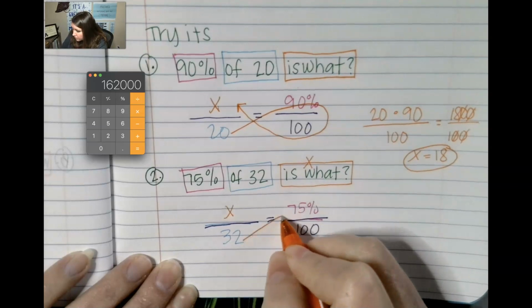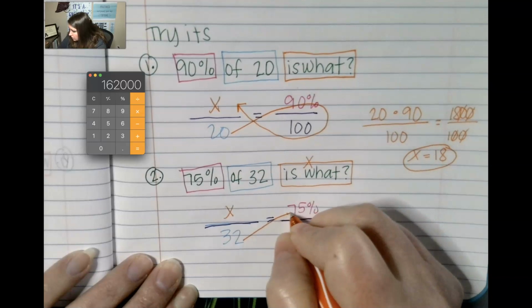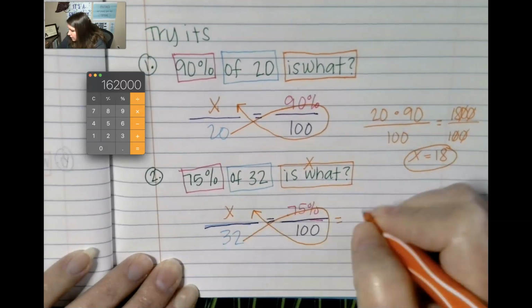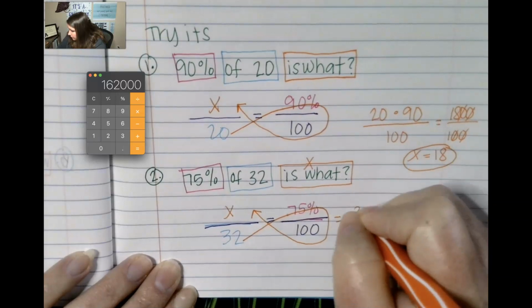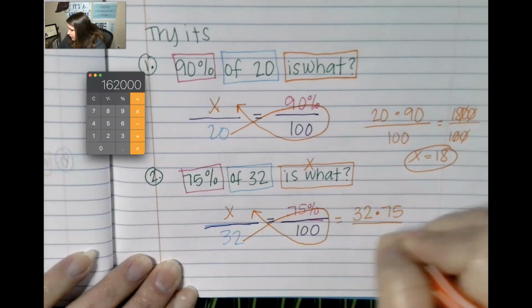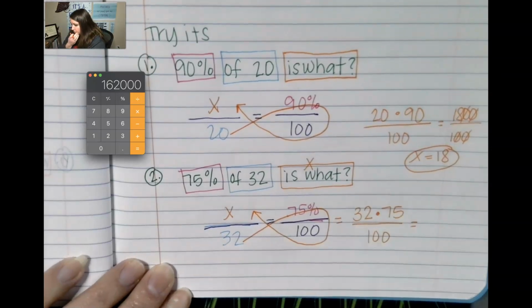Cross multiply. 32 times 75. So we're going to do 32 times 75 divided by 100, and I get a goldfish. Again, it's on the bottom.